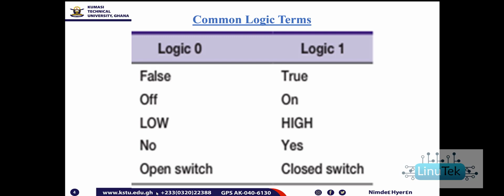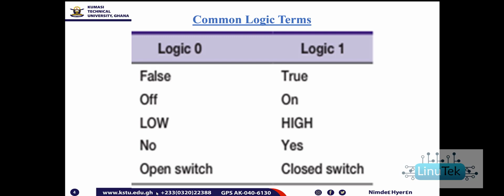So let's look at some common logic terms. Now, since we're dealing with binary, we would normally have bits to deal with. Now, when we talk about the logic 0, that is the binary bit 0. This can also be termed as false.